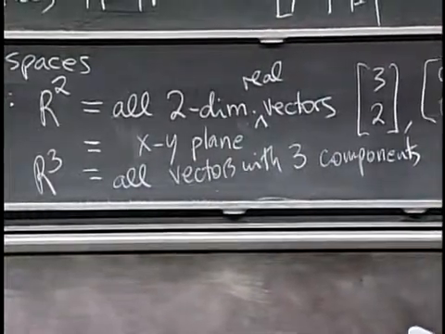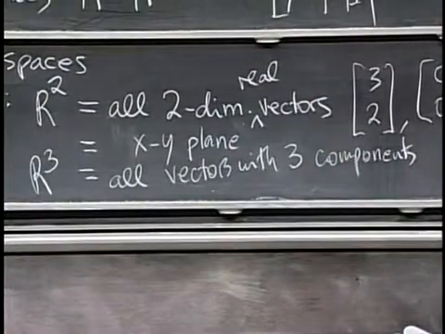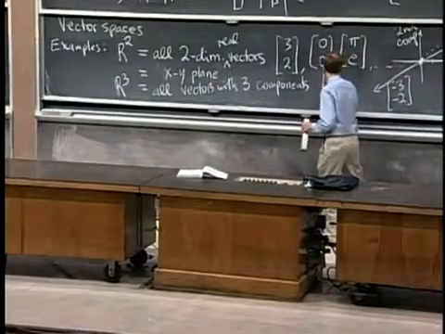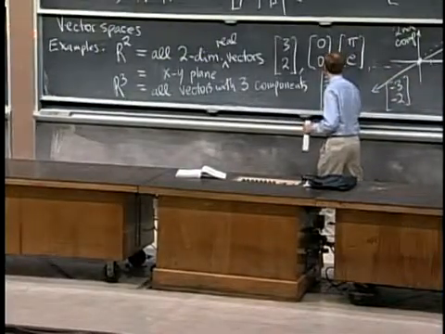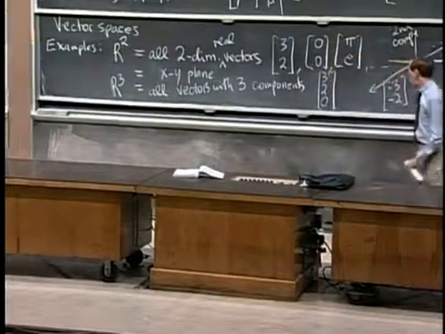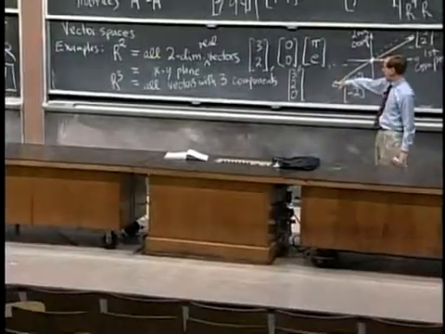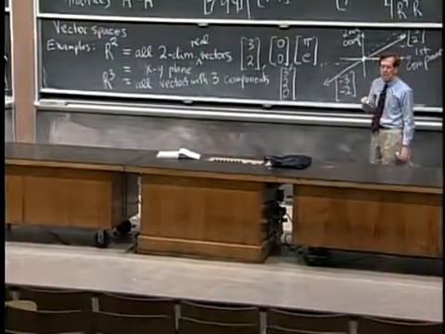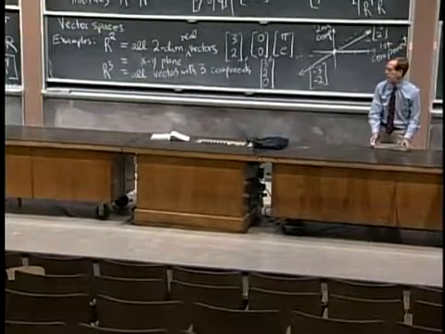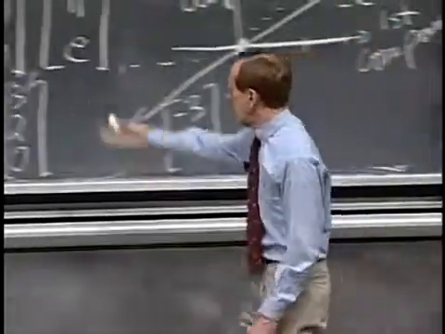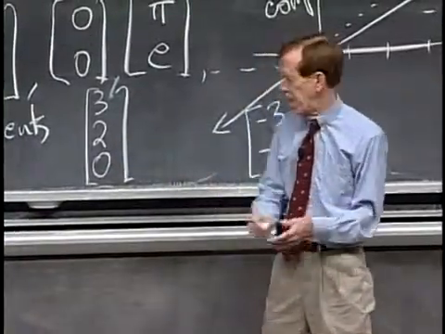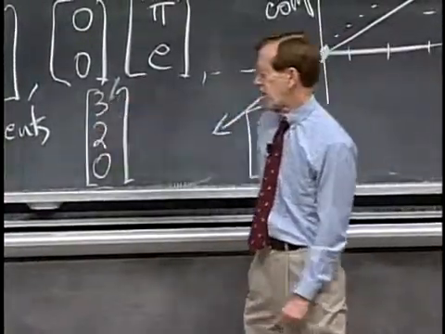Just to be sure we're together, let me take the vector 3, 2, 0. Is that a vector in R2 or R3? Definitely it's in R3. It's got 3 components. One of them happens to be 0, but that's a perfectly OK number. So that's a vector in R3.